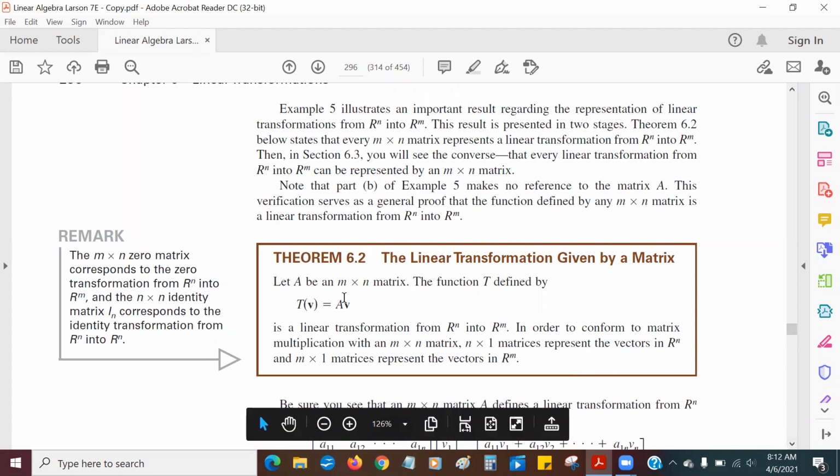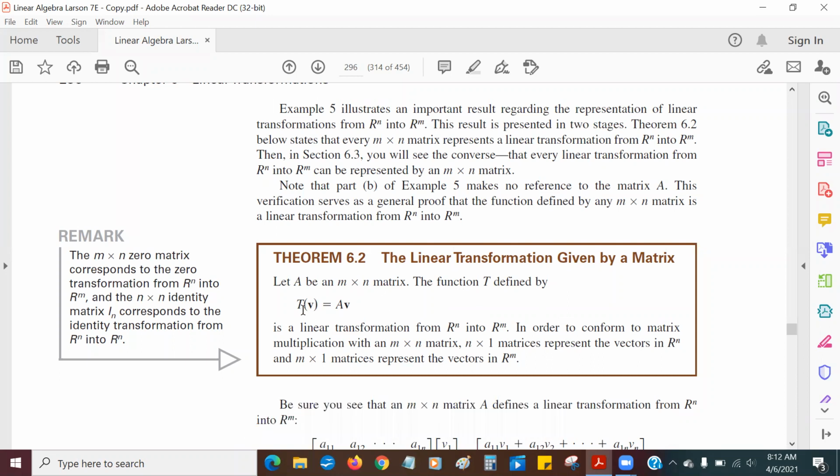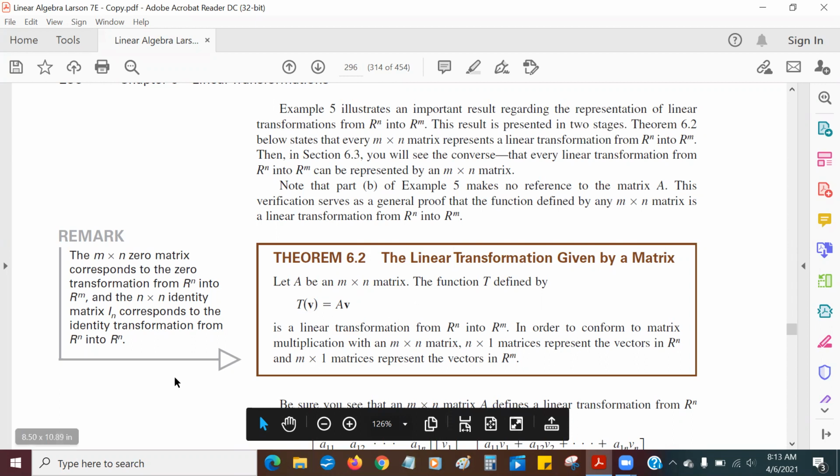If A is an m by n matrix, then if I look at the function T of V equals AV, that will be a linear transformation from Rn to Rm. And in order to conform to matrix multiplication, n by 1 matrices represent the vectors in Rn, and m by 1 matrices represent the vectors in Rm.